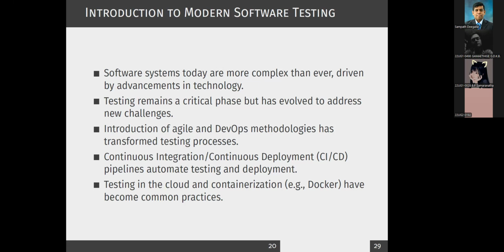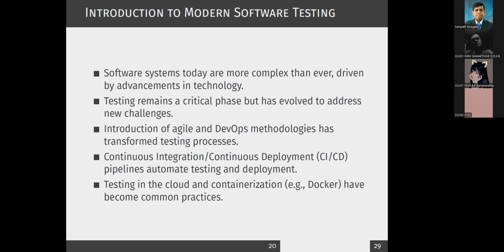In the early days, testing was separated from development. You know that we had a separate team for development and a separate team for testing. But with the ideas of DevOps, for example, development and operations are put together because they understood that they have to go hand in hand.